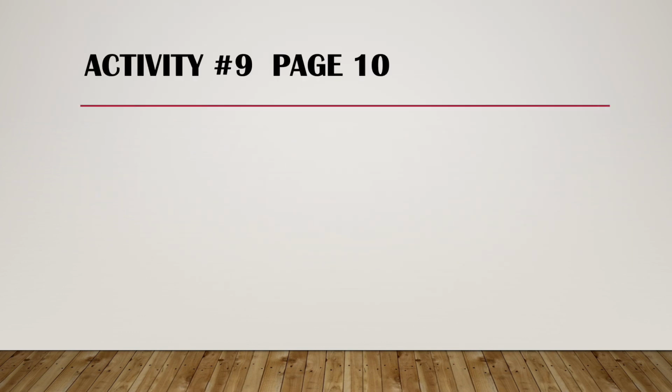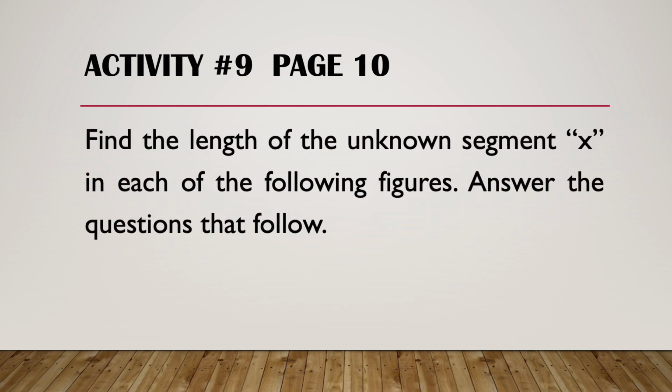For your activity number 9, page 10, find the length of the unknown segment x in each of the following figures. Answer the questions that follow. So you will write your answers on your intermediate pad and you will pass it during the retrieval of modules.